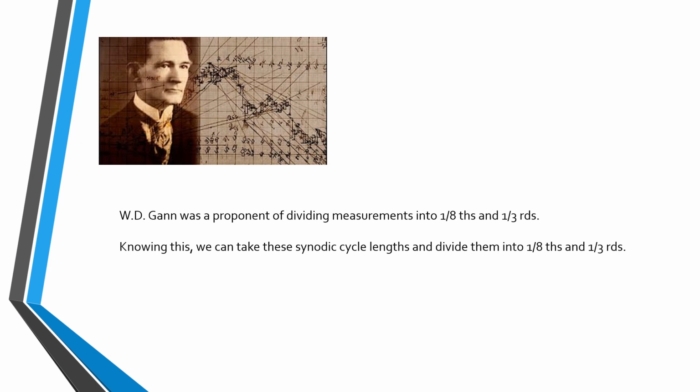So knowing this, we can take these synodic cycle lengths and we can divide them into 8 parts, and we can divide them into 1/3 parts. And once we have that, then we're in a position to apply that to a price chart of a stock, an index, or a commodity.